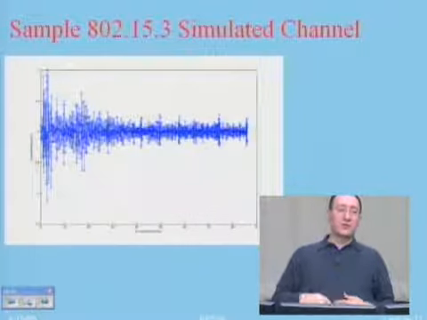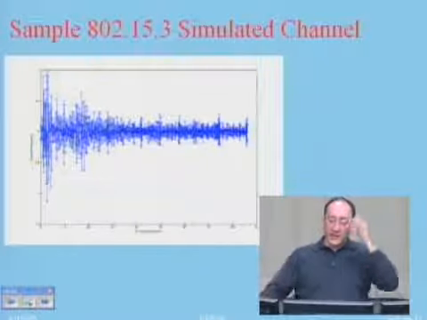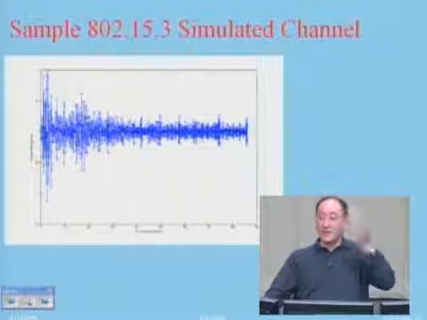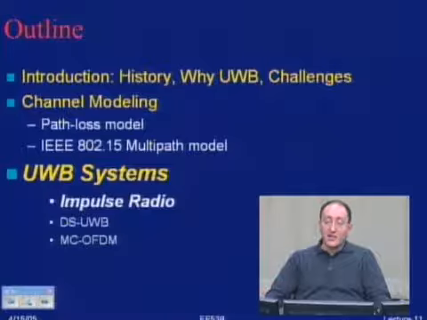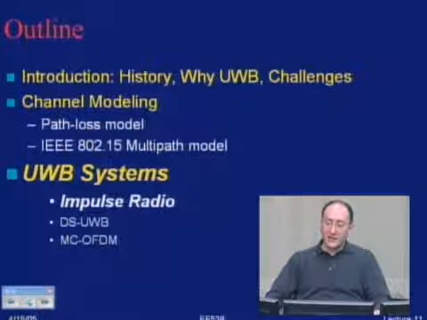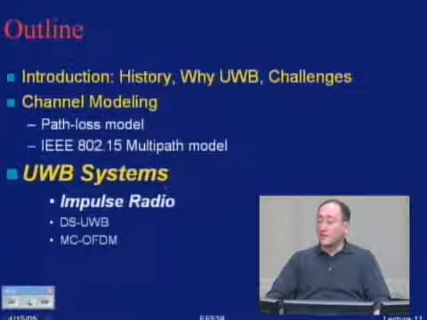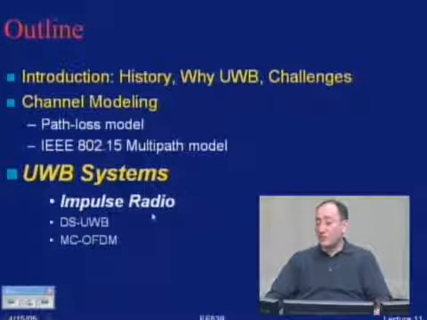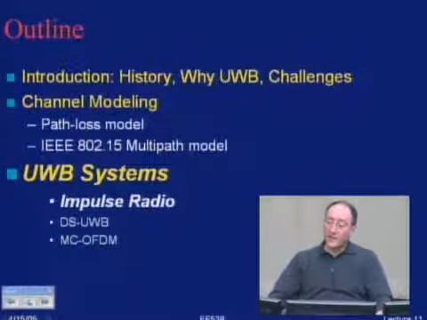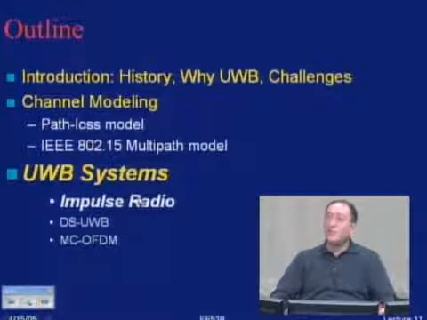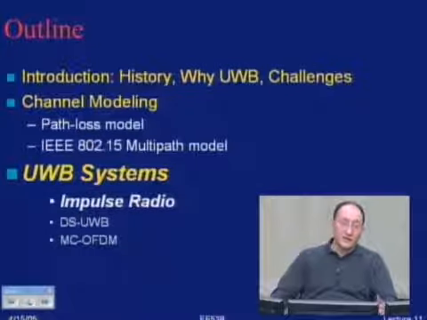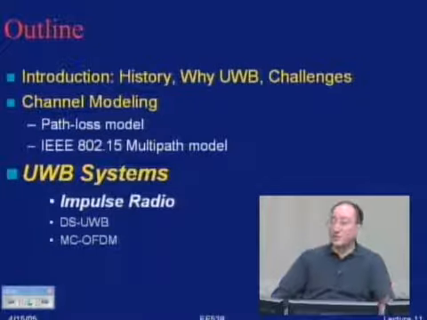Okay, so that's about the modeling. So we see that the modeling effort still continues for understanding. The next issue is the issue of systems. For ultra-wideband systems, they have a variety of modulation techniques. Impulse radio was the traditional one, but this one existed before this wave of wireless information networks.